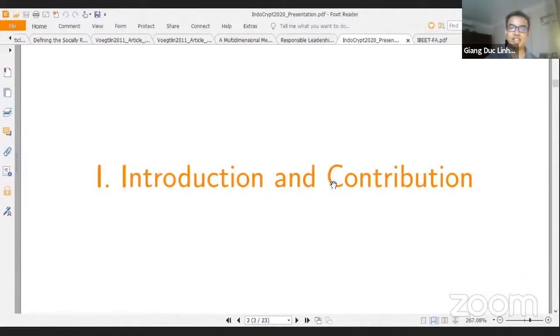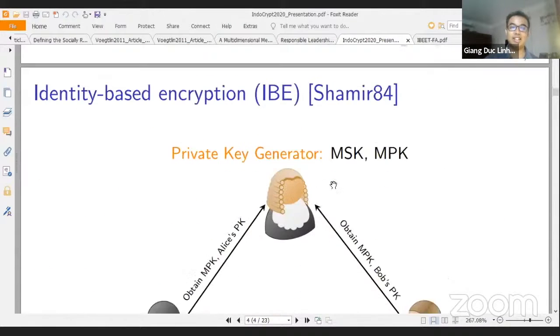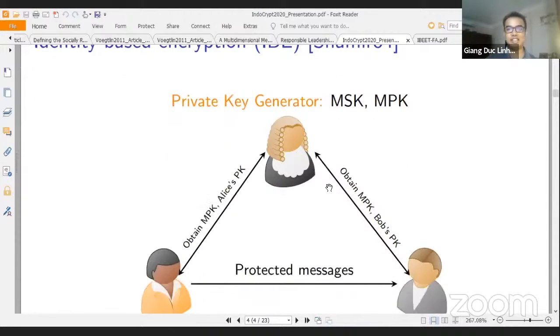As you can see from the name, our paper is a combination of identity-based encryption, equality test, and flexible authorization. So let's recall IBE. The motivation of IBE is to avoid the deployment of a public key infrastructure.